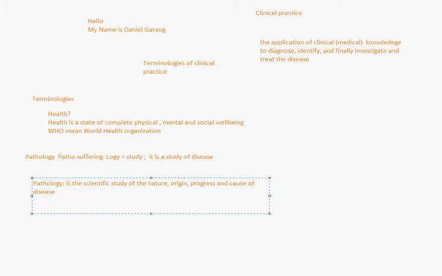Okay, so so far we define two broad terminologies. One is health, okay, right? So at the end of this video, you have to know how to define health. So for example, I put it for you. What is health?